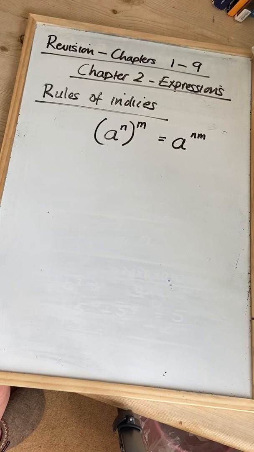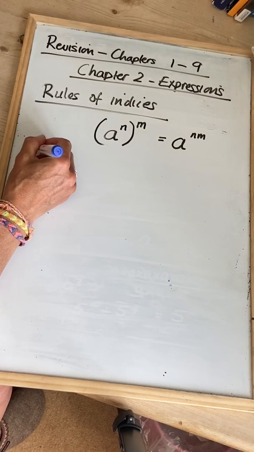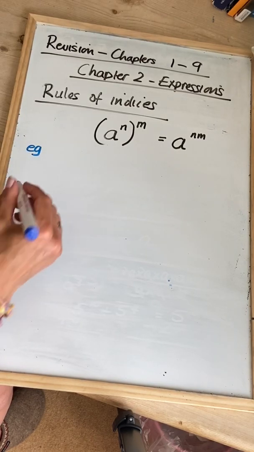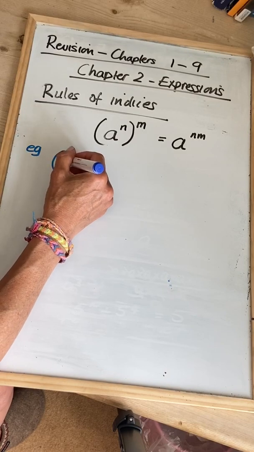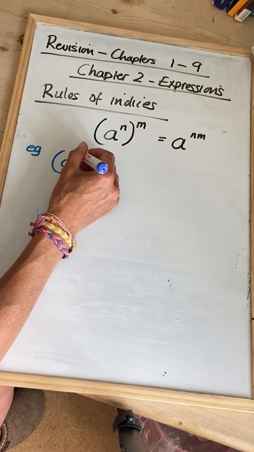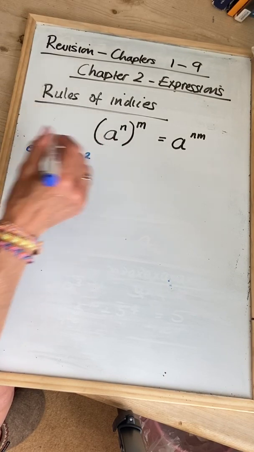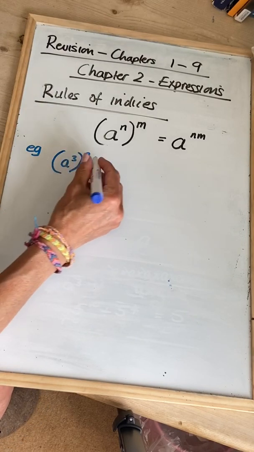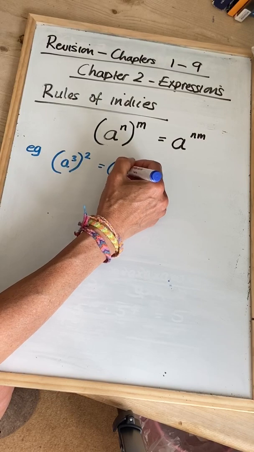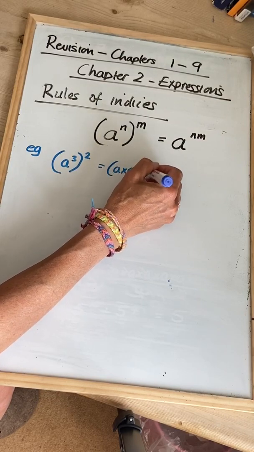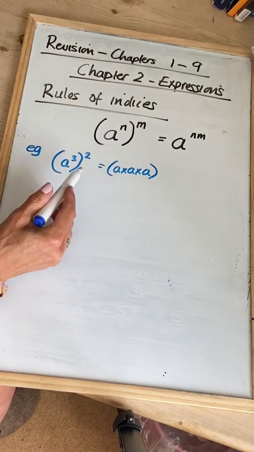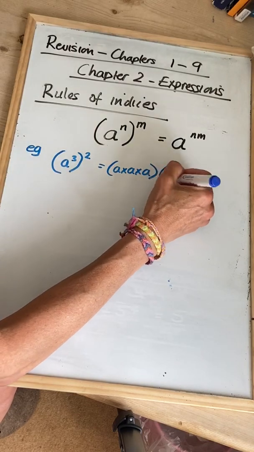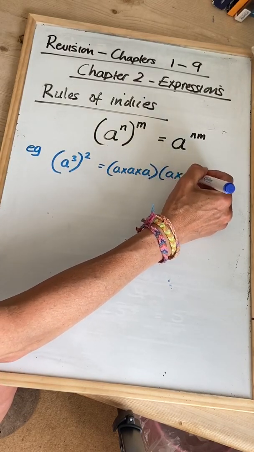So let's just think about how that would work. Let's say that I've got a cubed raised to the power of 2. What does that mean? Well, a cubed, we know, is a times a times a. If I'm squaring it, I'm timesing it by itself.